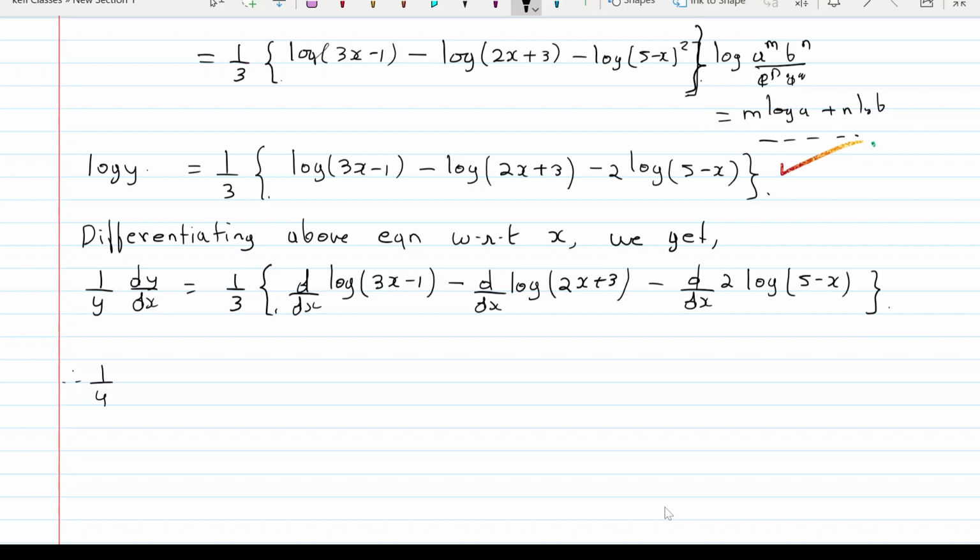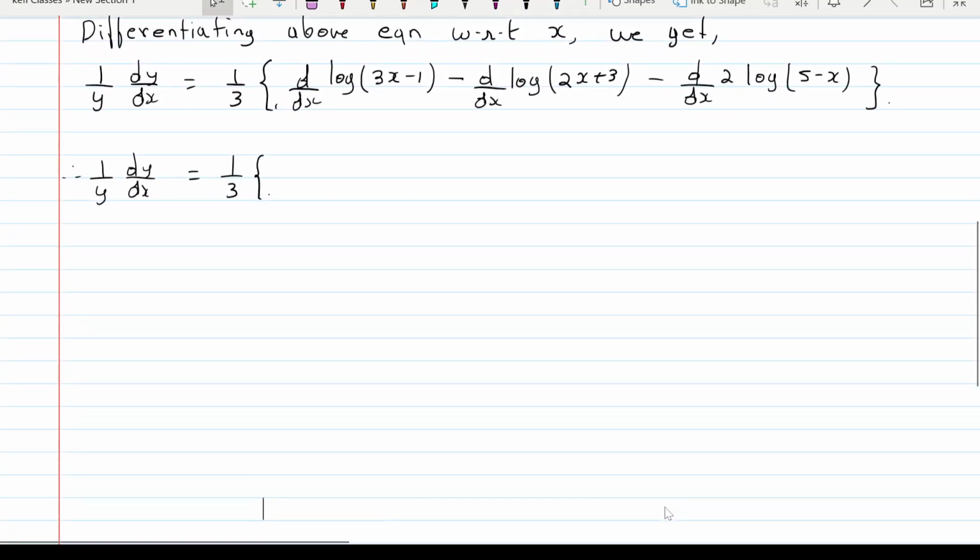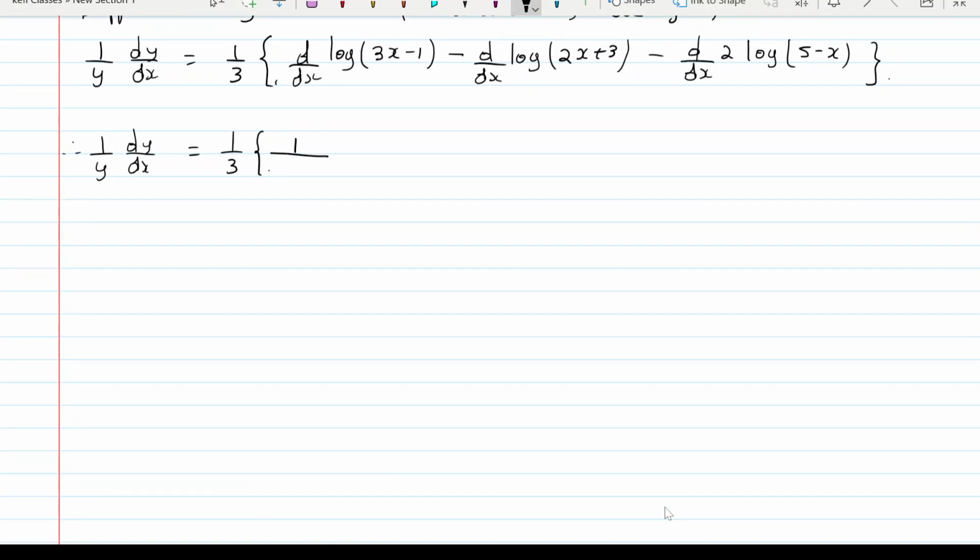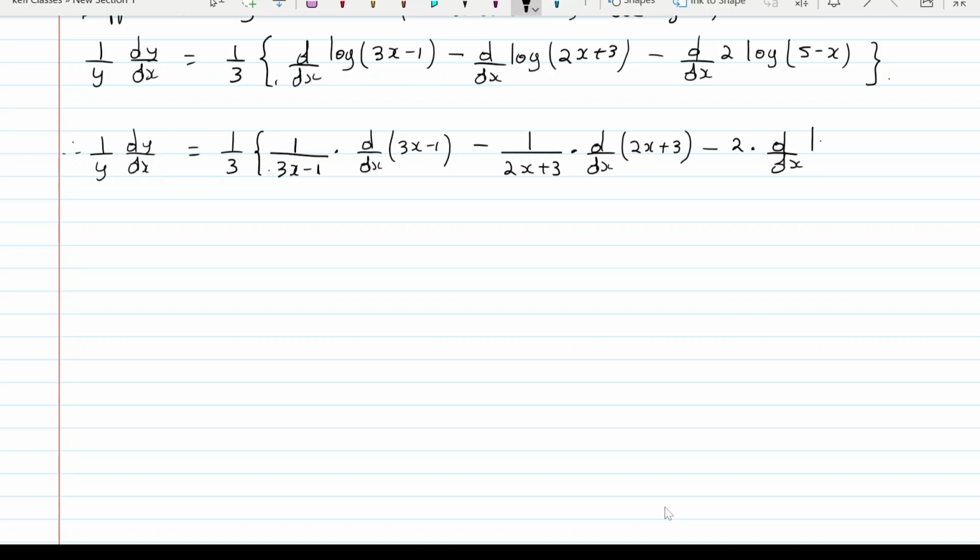So therefore 1 upon y dy by dx is equal to 1 upon 3 into brackets: the derivative of log of 3x minus 1 will be 1 upon 3x minus 1, correct, into d by dx of 3x minus 1, chain rule, minus 1 upon 2x plus 3 into d by dx of 2x plus 3, minus 2 into d by dx of log of 5 minus x.